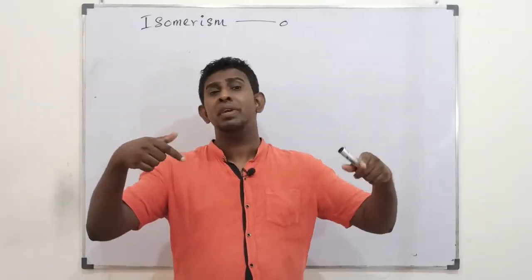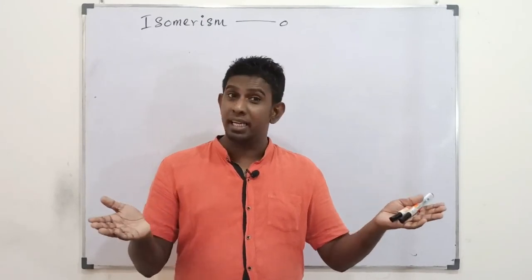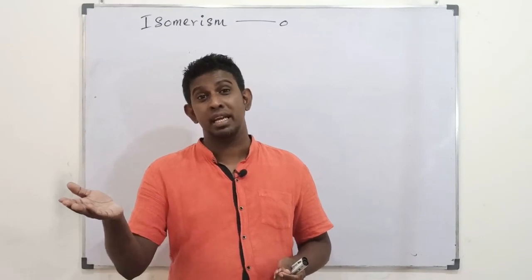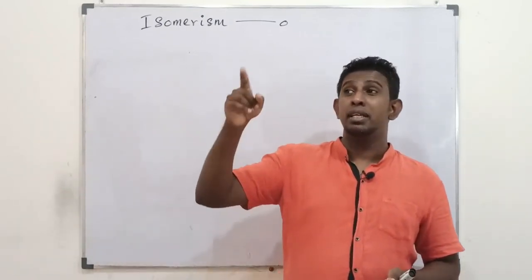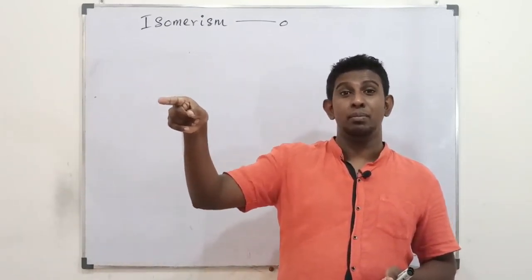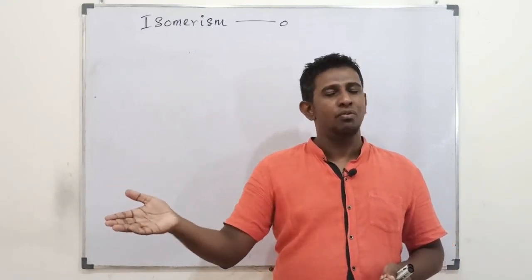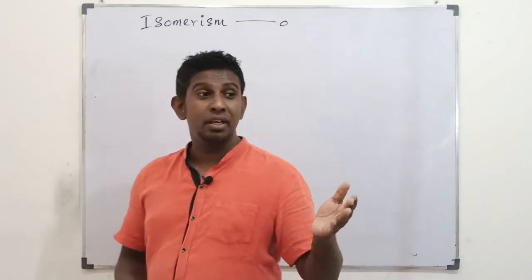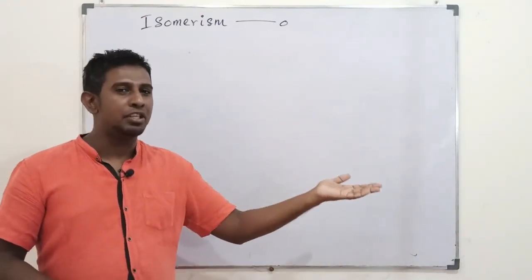Okay students, we have talked about optical isomerism. Under constitutional isomerism, we have found chain isomerism, position isomerism and functional group isomerism. Under stereoisomerism, we looked at optical isomerism.